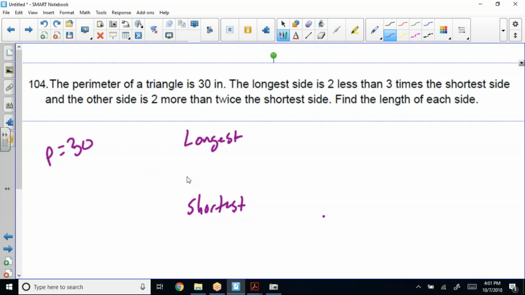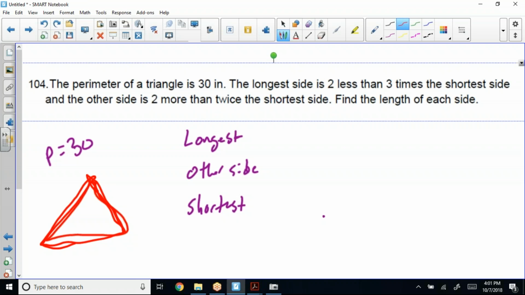And then we'll say here, we've got longest, other side, and shortest, right? All right, remember that this is a triangle, correct? That looks like a beaker. It's a triangle. So the longest side is 2 less than 3 times the shortest side. We don't even know what the shortest side is, so we're going to say it's x, right?